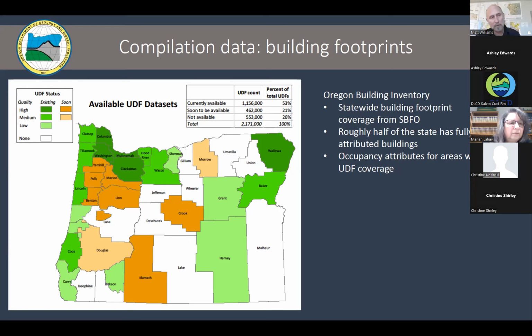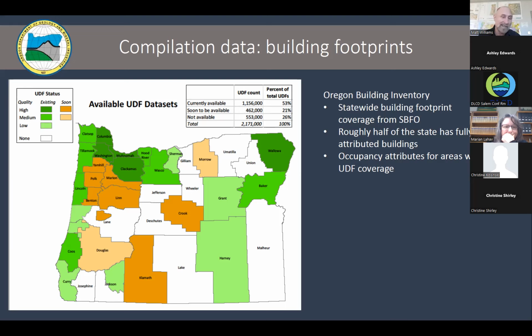But here's what we have so far as fully developed UDF. It's a hazard term, but it basically just means building footprints that have fully attributed characteristics about the building that are relevant to hazard analysis. So we're getting there.